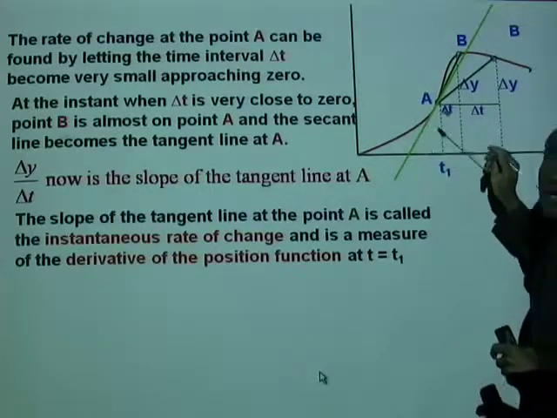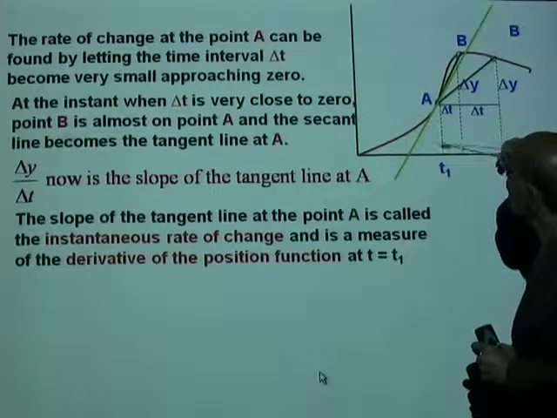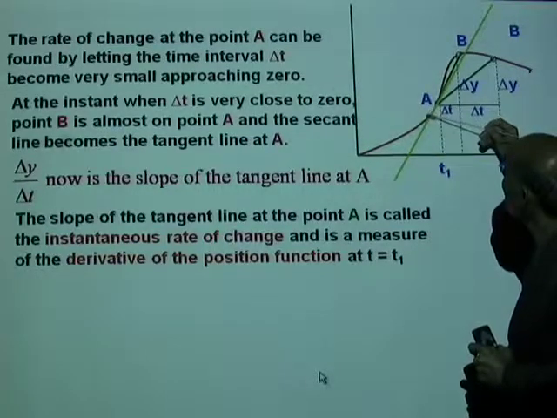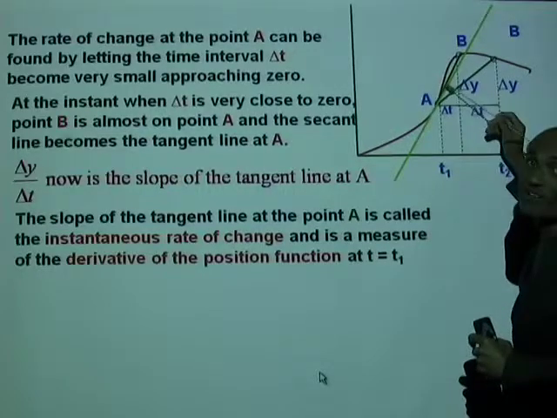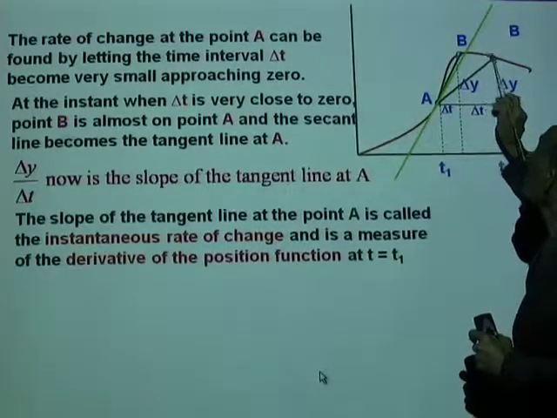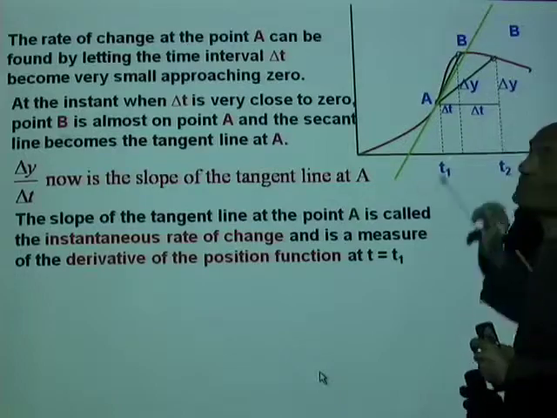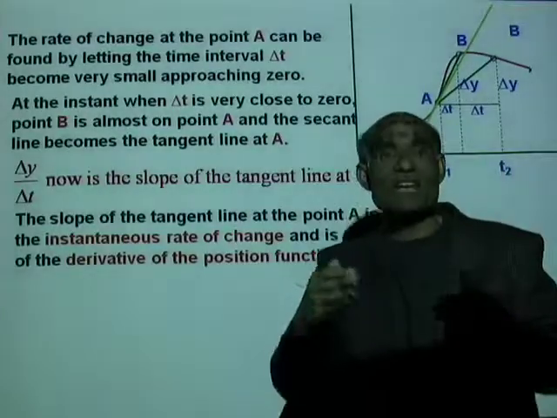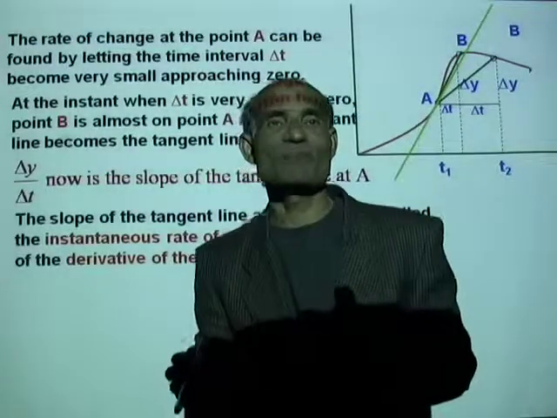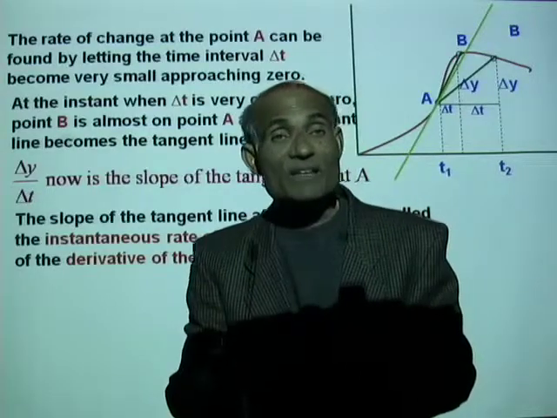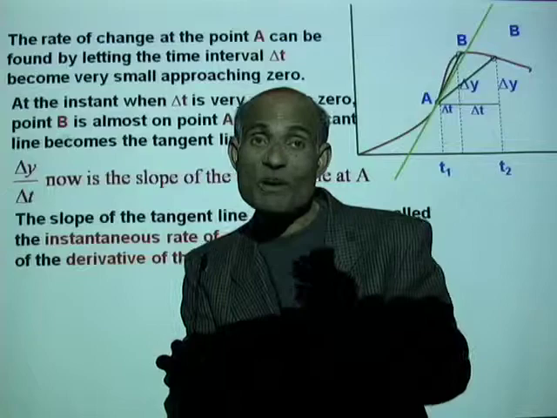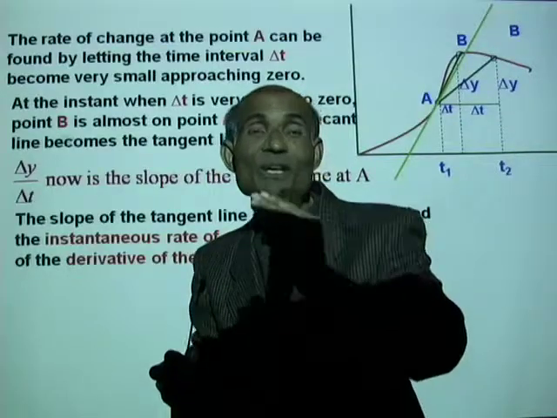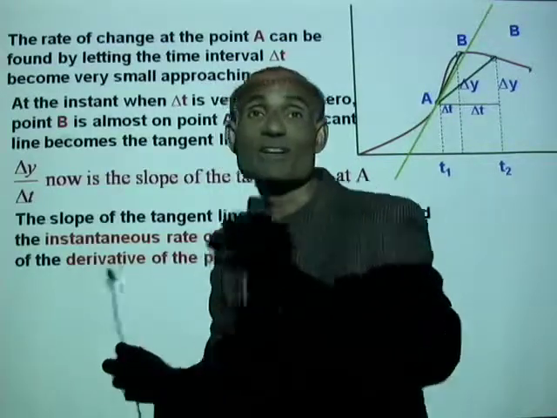Now, if you are watching my pointer here, you can see the slope of the tangent line at A is positive. The slope of the tangent line at B is negative. What does that mean in the case of the motion of the car? At A, each time the time increases by 1 unit, the position is increasing.